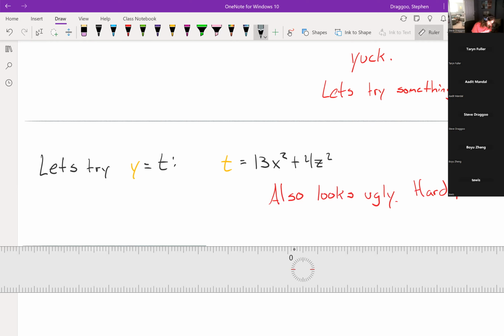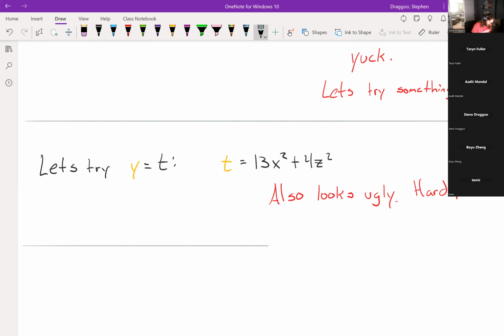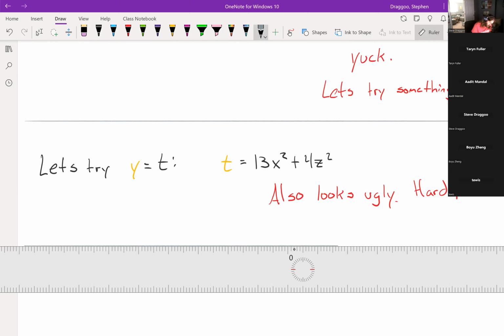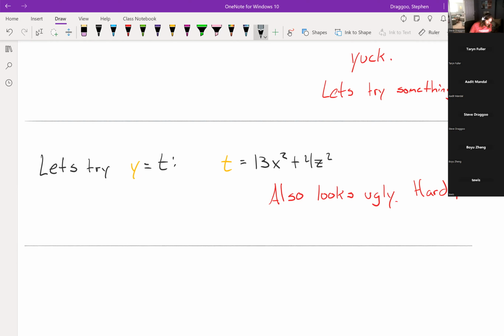So draw a new line and start over. So if that didn't work, how about the third option, z equals t?